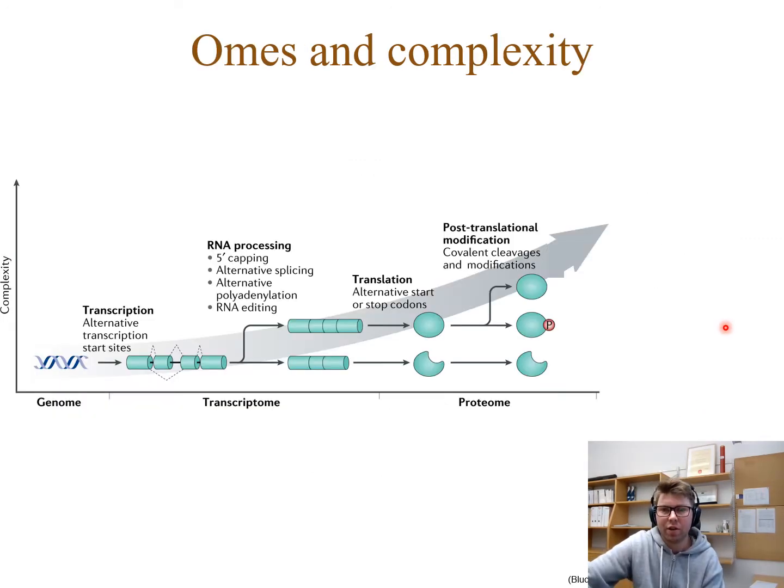So the central dogma in biochemistry, which was originally postulated by Francis Crick, states that the flow of information goes from DNA in the genome through messenger mRNA, which is then translated into proteins that make up the proteome. And we now know that there's an increase in complexity associated with this process.